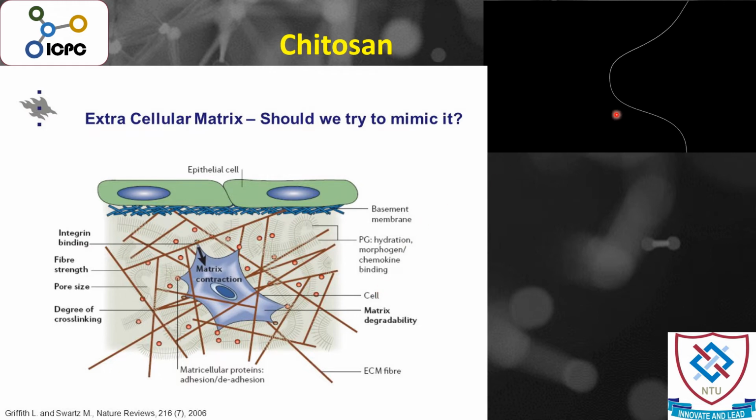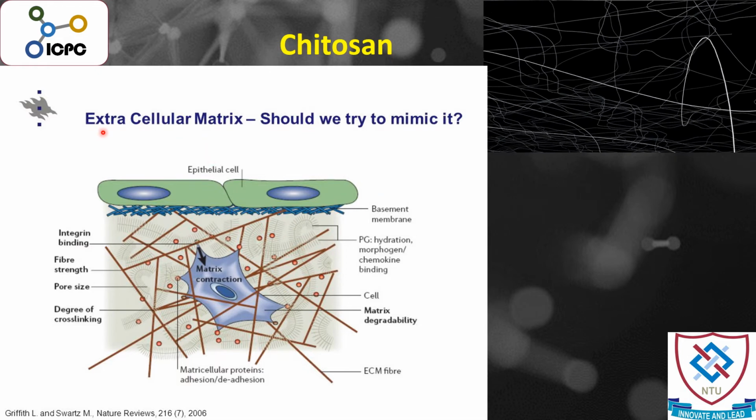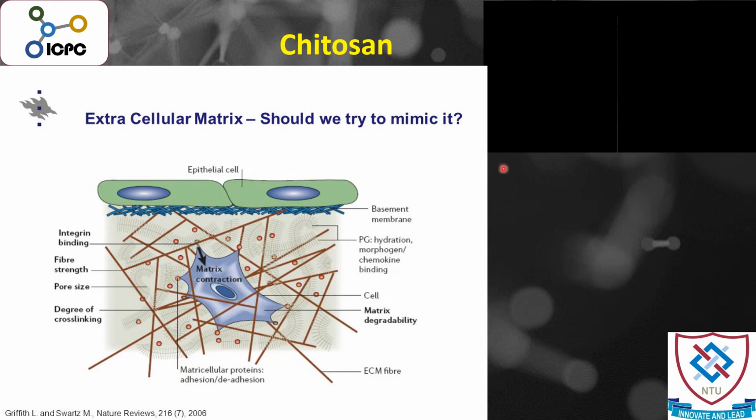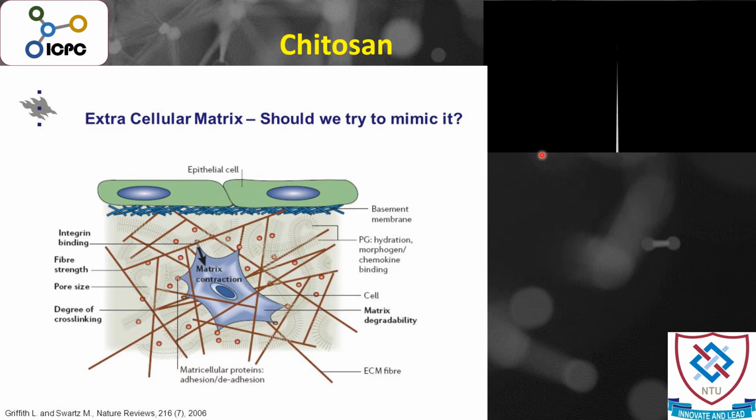So if we use nanofibers, these nanofibers are very near to the human extracellular matrix. That is why they can promote the cell attachment and could lead to enhanced wound healing. That is one of the excellent features of these nanofibers.